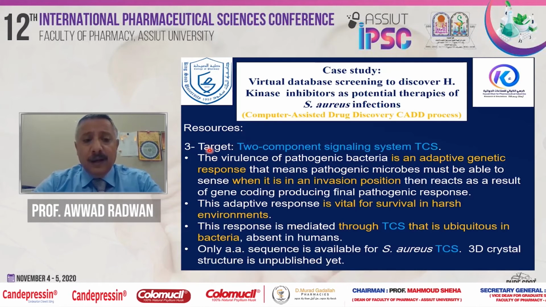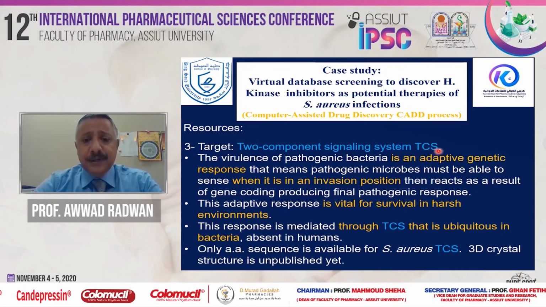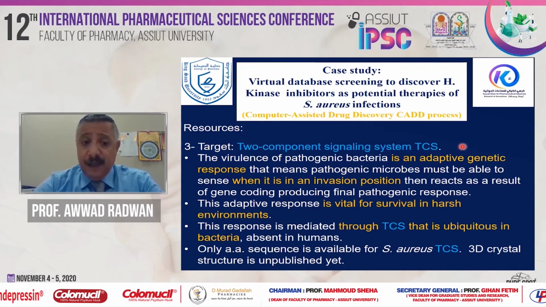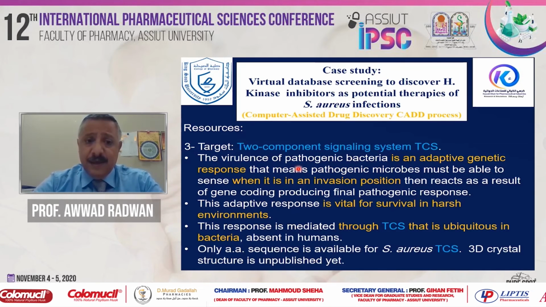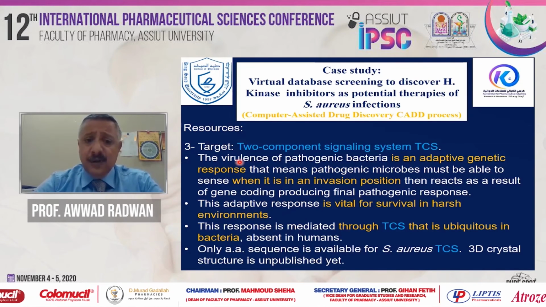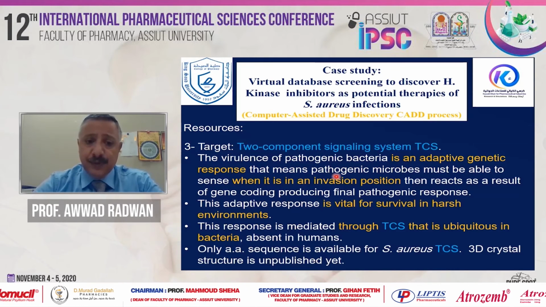Our information about the target: a two-component signaling system mediated by histidine kinase is the target macromolecule in our case. Briefly, the virulence of pathogenic bacteria is an adaptive genetic response.